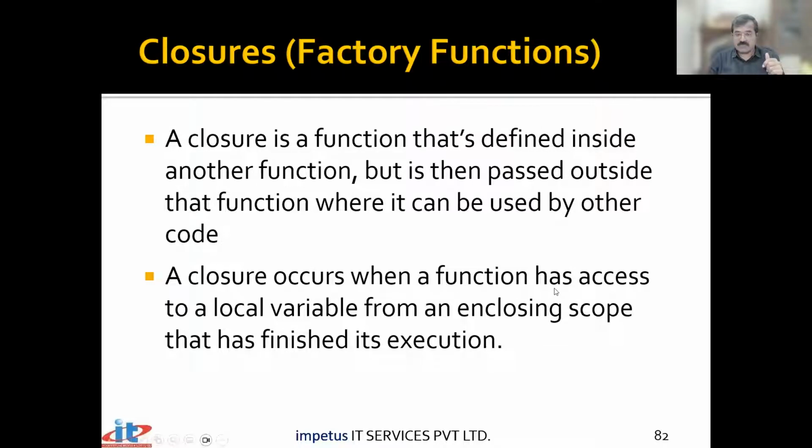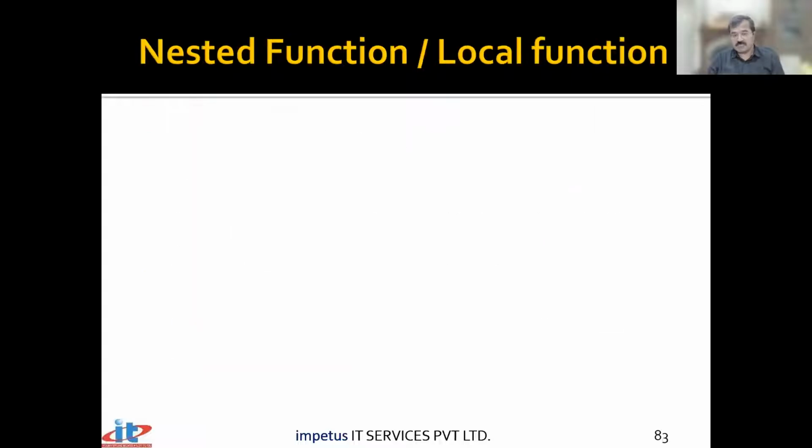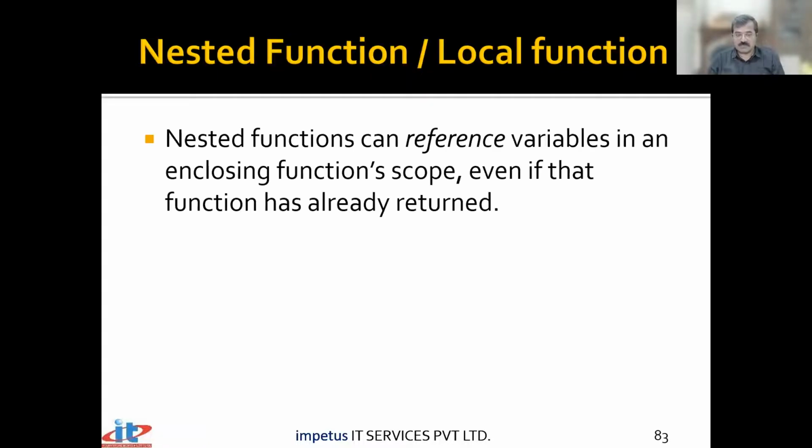The closure occurs when the function has access to the local variables from the enclosing scope that has finished execution. So the outer function has finished execution, and the inner function, the nested function which has been returned, remembers the state of the variables of the enclosing function. That creates a closure. Today we'll take the discussion further on this concept of closure.